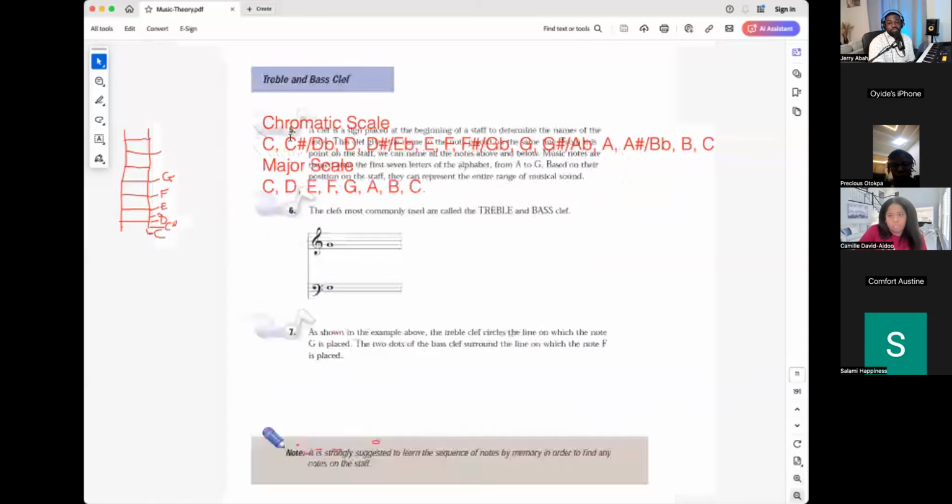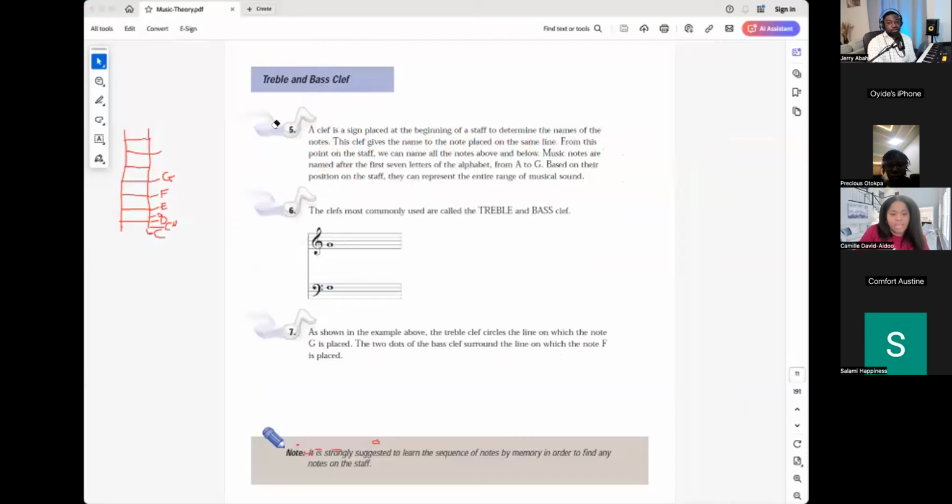Now, we come to what we refer to as the clef. I guess, are we all good with the chromatic and major scale? Can I delete it now? I know that we'll still come across it later on. I think somebody asked in the chat if you can repeat it.